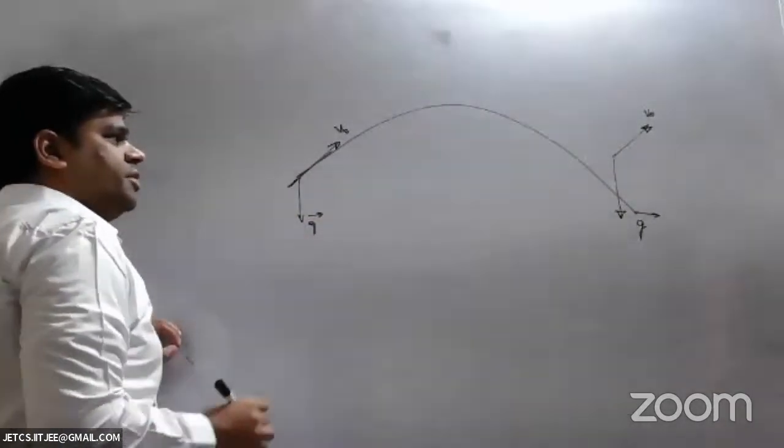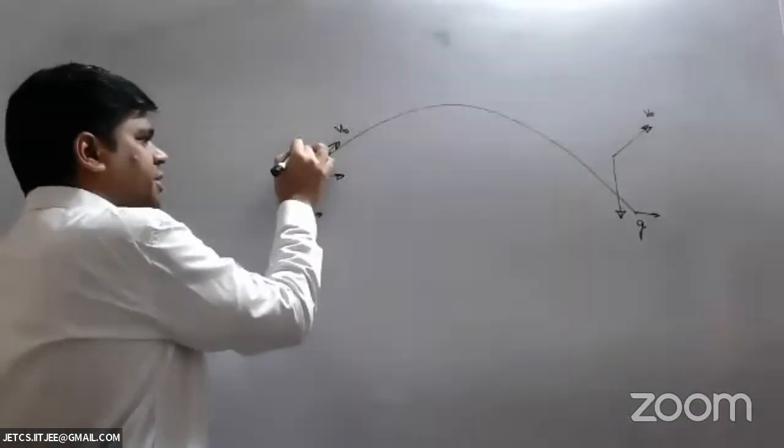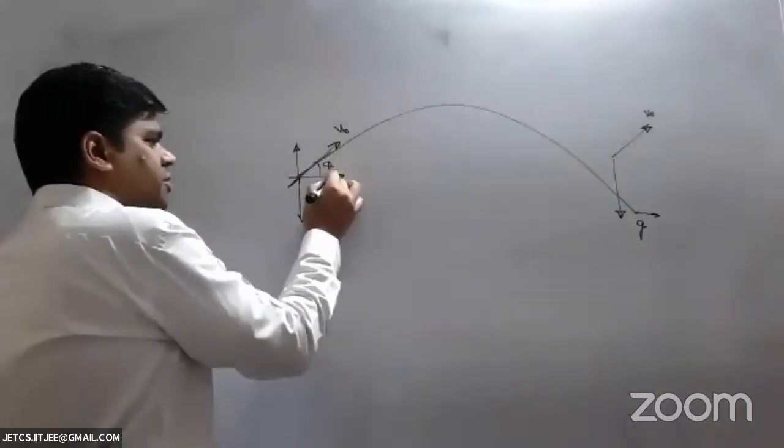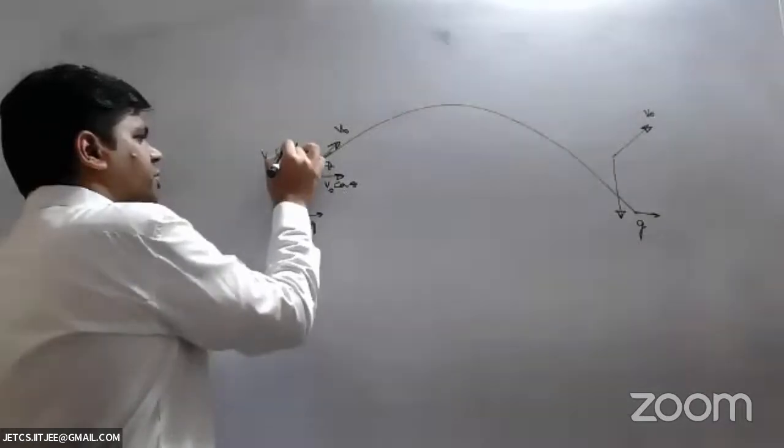In this case, I'll resolve my velocities horizontally and vertically. If this is theta, my horizontal component of velocity is v naught cos theta, and vertical velocity is v naught sin theta.